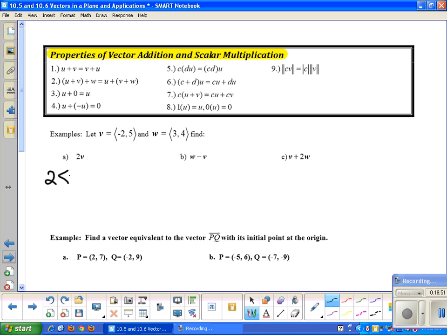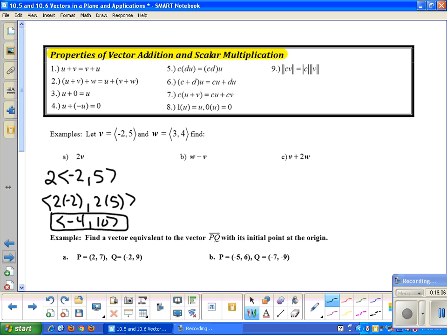So all I'm going to do is multiply each of those components by 2. So it would be 2 times negative 2, 2 times 5. So pretty easy, and we end up with negative 4, 10. So this would be the new vector, 2v.